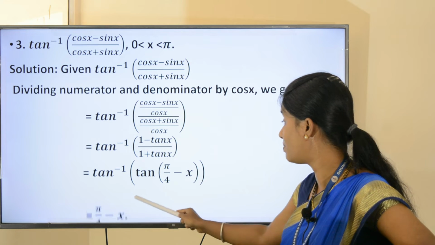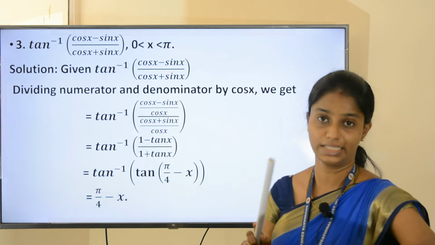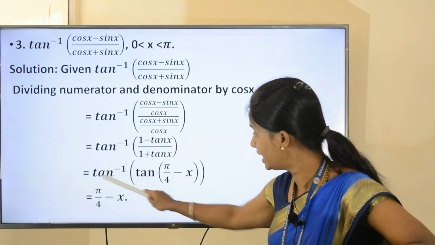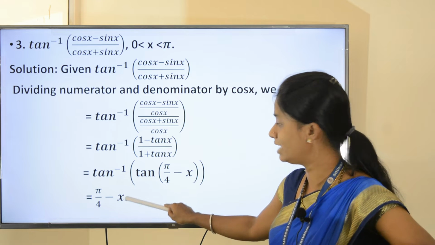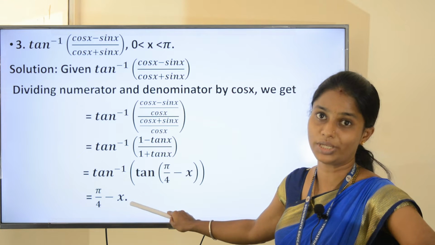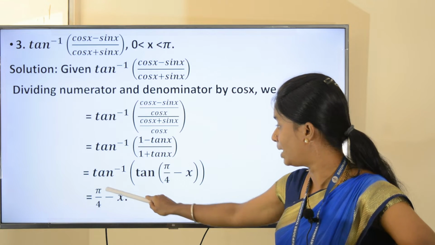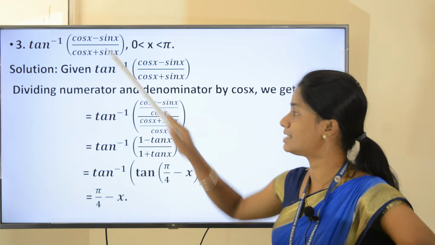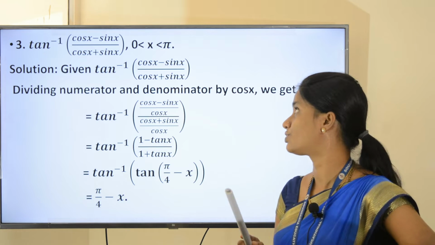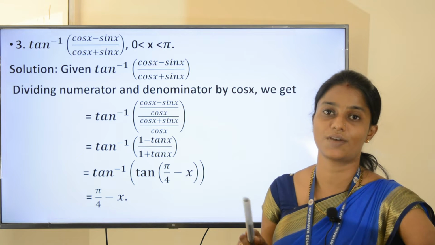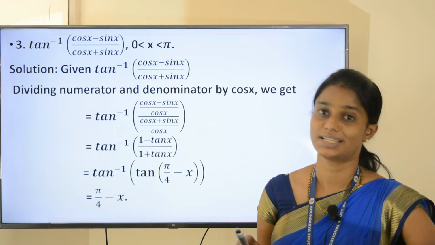So that is pi by 4 minus x. At the finally simplest form, also in terms of x only, there is no need to rearrange any terms here. So pi by 4 minus x is the answer for tan inverse of cos x minus sin x divided by cos x plus sin x.